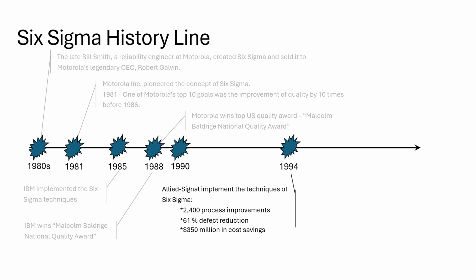The next major event in the Six Sigma story occurred in 1991 when Jack Welch became Chief Executive Officer of General Electric Company. One of the first items on Jack's agenda was the restructuring of the entire GE organization, which consisted of 12 major businesses.